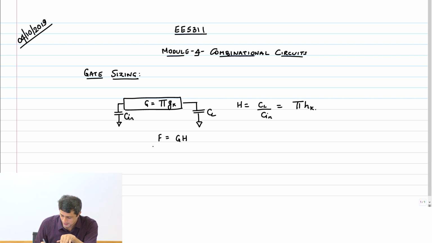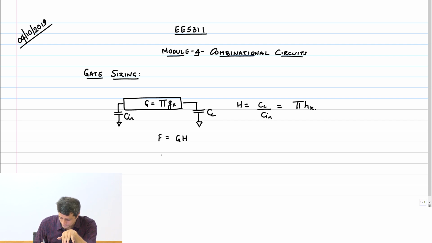And we said that in order for the delay to be minimum, each gate had to do equal effort. Of course, the equal effort is not in terms of arithmetic mean, it's in terms of the geometric mean, F power 1 by n kind of thing.